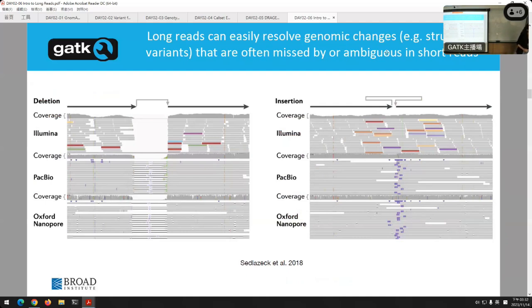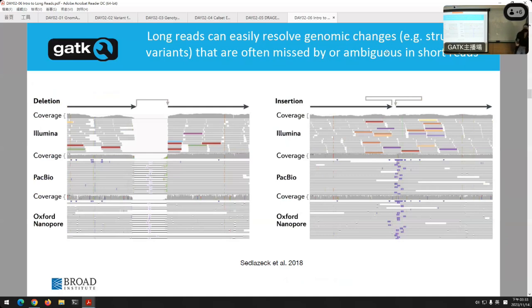On top, we see the short reads from Illumina, and the portion that is deleted completely lacks coverage by those short reads because it's too long to be included in a single read. But in the PacBio and Oxford Nanopore data, we can easily find that deletion because those reads extend on either side easily.